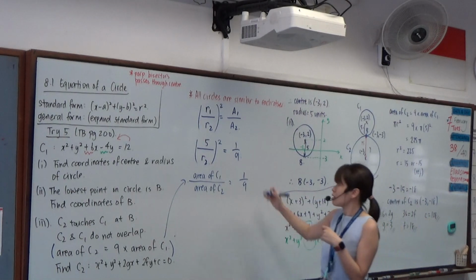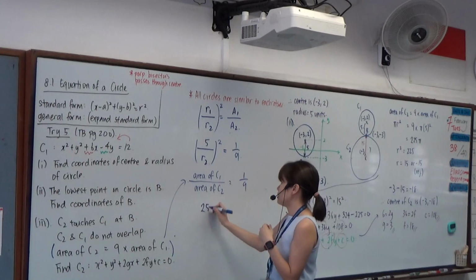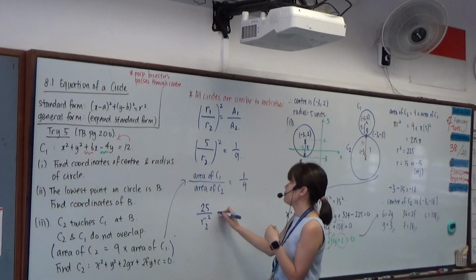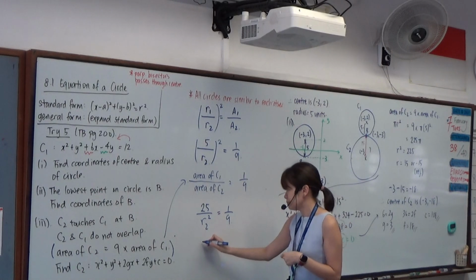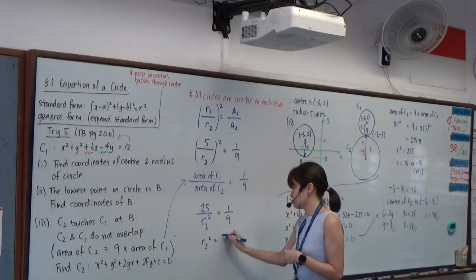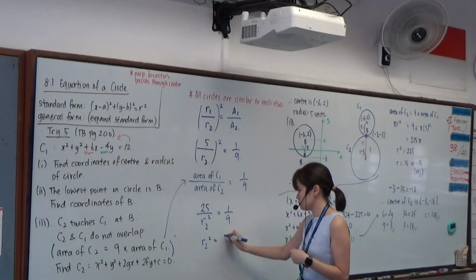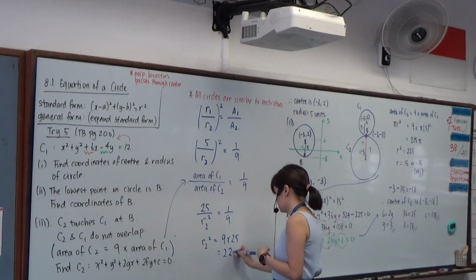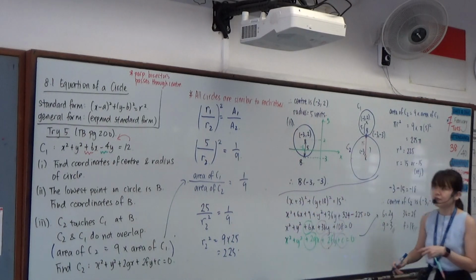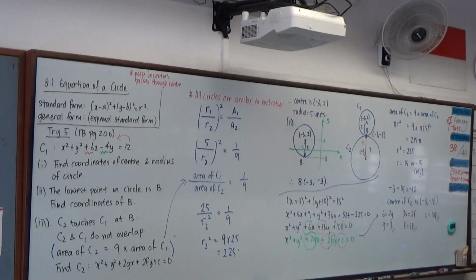That means 25 over R2 squared equals 1 over 9. Cross multiply and all that. We find that R2 squared will be 225, which will then give us the radius to be 15.